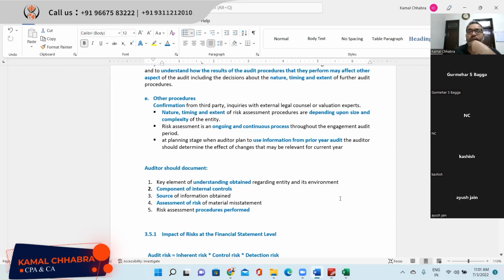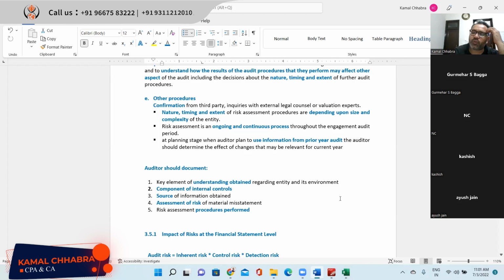Next is the source of the information obtained. This is also important: from where you have obtained the information, from whom you have made the inquiry, at what time you made the inquiry, or from where you received any communication or email. It is very much required to document the source of information.